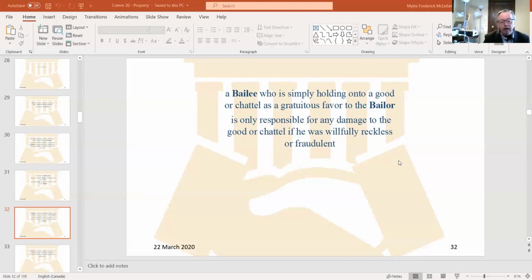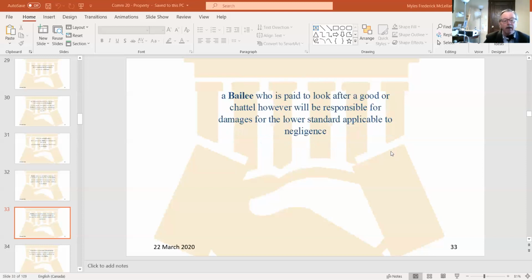No matter what the environment is, if it's done gratuitously without any payment changing hands, then the bailee is only responsible if damage happens to this good or chattel if it's caused by being willfully reckless or fraudulent. That's a very high standard, which basically means that a very low level of care is imposed upon the bailee.